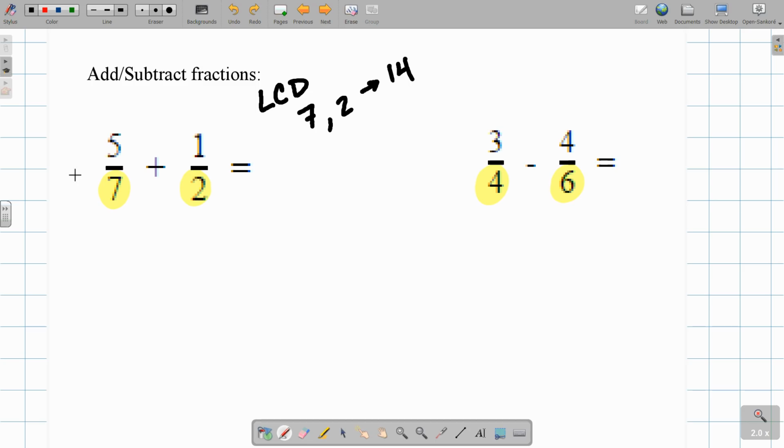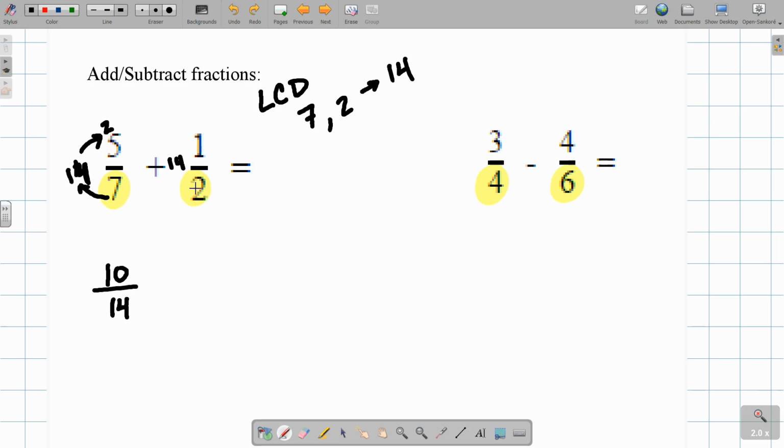Watch what I do here. Put a little 14 here. Now I'm going to go in and out. So 7 goes into 14 twice. 2 times 5 is 10, so I translate this into 10 over 14.